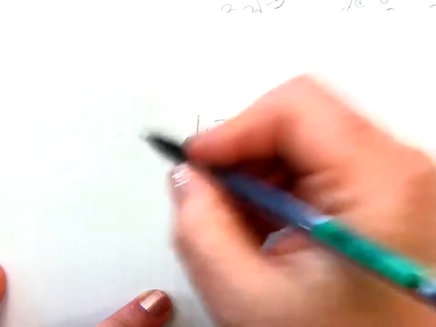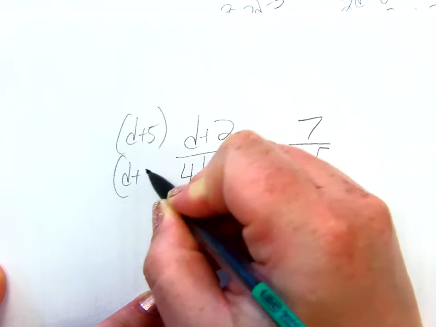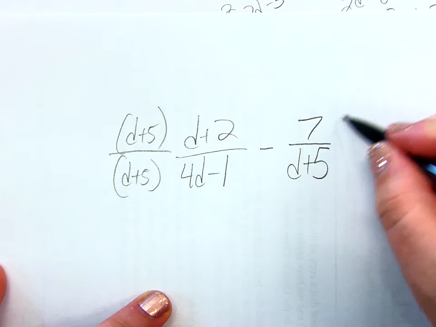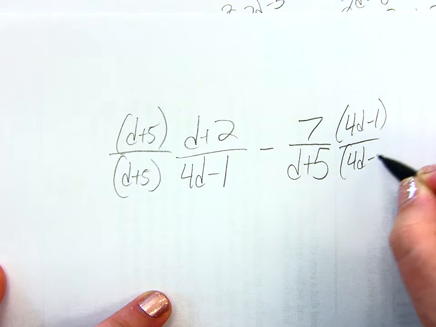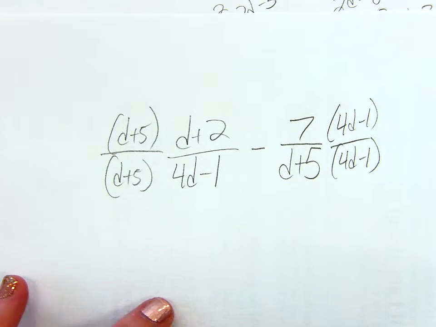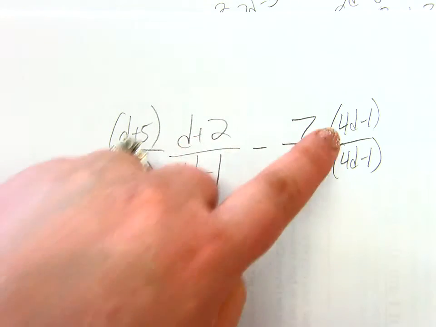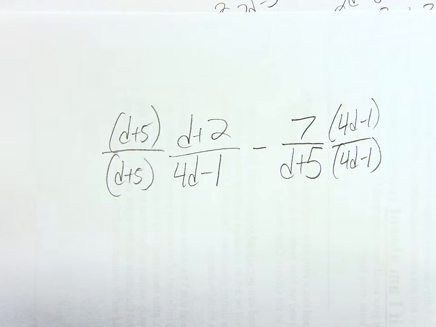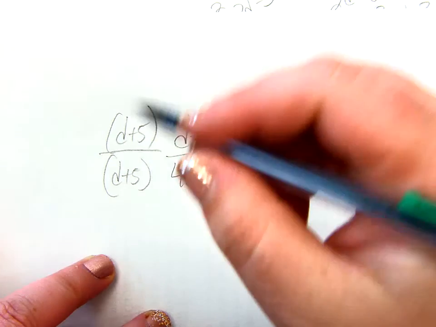I'm going to have to multiply this one by d plus 5 over d plus 5, and this one by 4d minus 1 over 4d minus 1. Okay? So looks like I'm going to have to FOIL here. This one I just have to multiply by 7, so that one's not so bad. But let's go ahead and give this one a shot and see if we all end up in the same place.